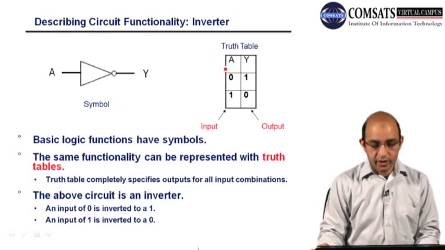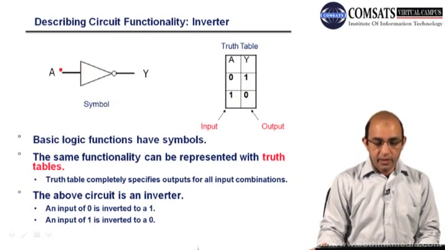We have A as an input and we have Y as the output. So we have a 0, and this 0 will be converted into 1, and then we have a 1. This 1 will be converted into a 0 when we pass this input through this inverter or through this circuit, right?